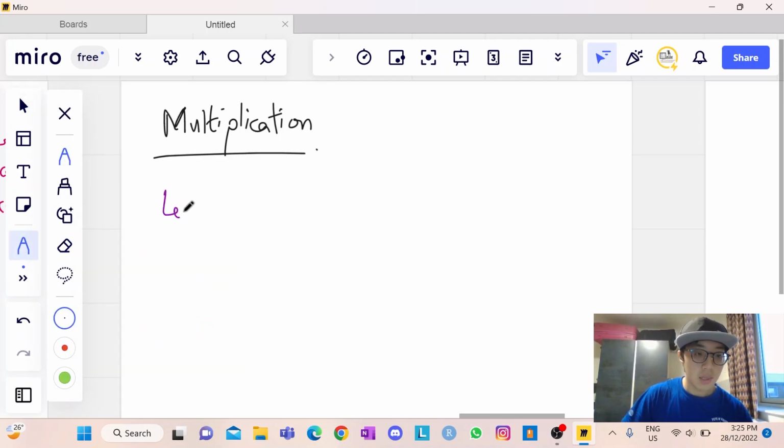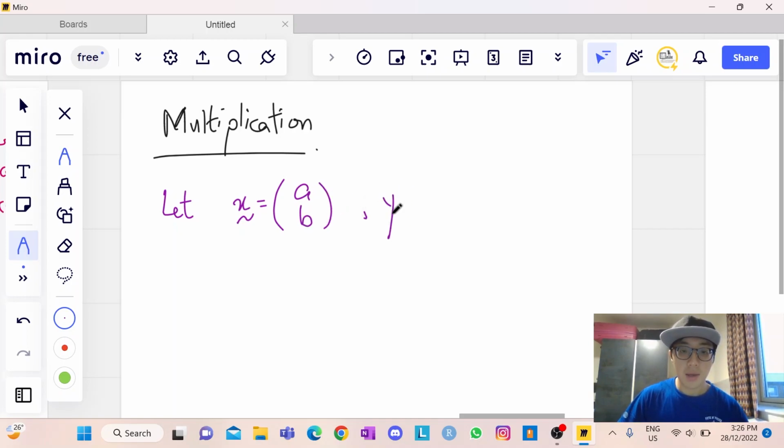Let x equal ab, and y equal cx. All we need to find now is y, which will be equal to c multiplied with ab.